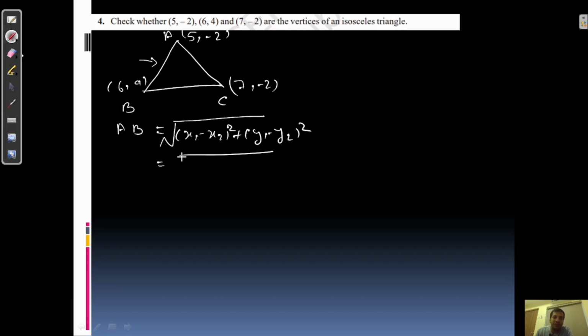Now look. I am considering this point as x1, y1. What is the value of x1? As you can see, it is 5. What is the value of x2? Let us say this point is x2, y2, because we are going to find the distance between A and B now. So A is x1, y1, so B will be x2, y2. What is the value of x2 here?